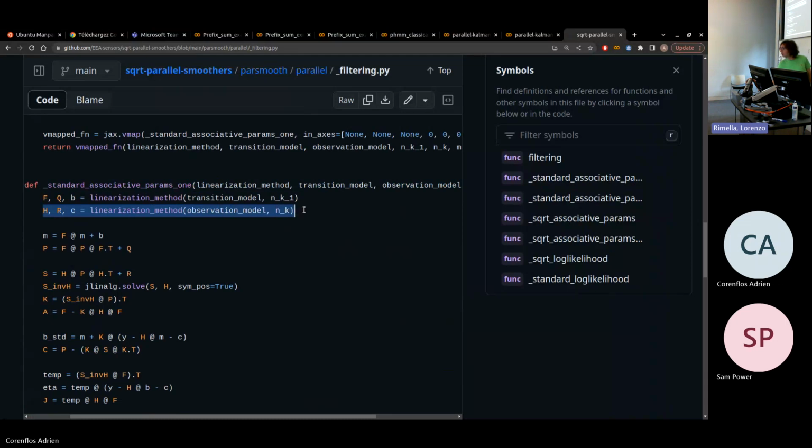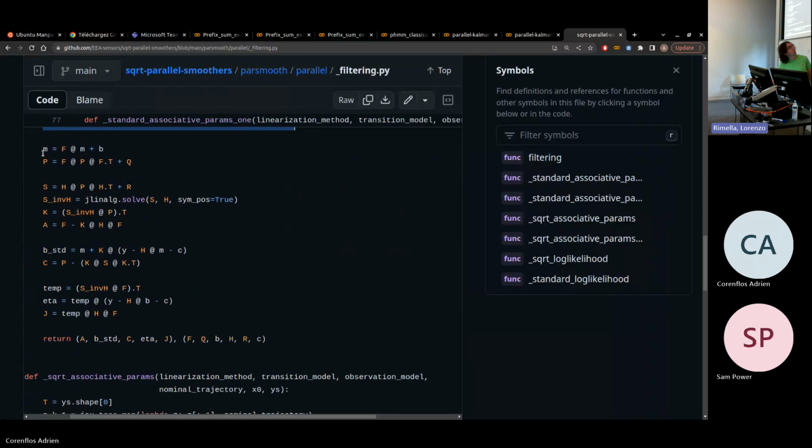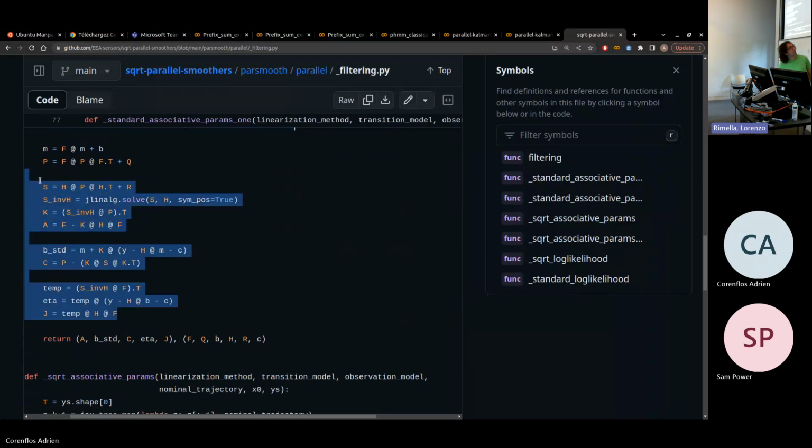And I just then apply exactly what we have been seeing. So these are just the parameters that appear in the parallel version of the Kalman filter. Okay, so it's not that hard in the end. And then you also have guarantees because it's a Gauss-Newton. You know that it's going to converge if you don't start too far from the actual solution, right?